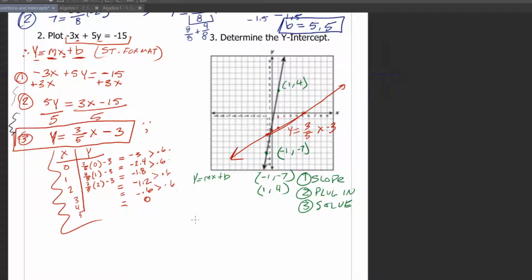So first thing, slope. Delta y over delta x. These 2 points, we know this is positive just by looking at it, right? Delta y, this goes from negative 7 to 4.